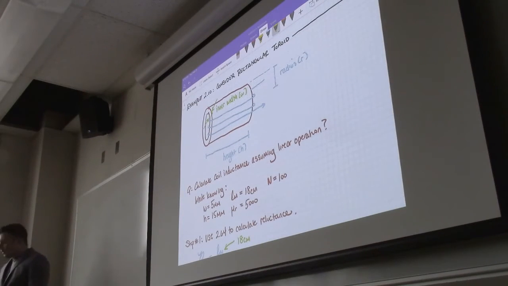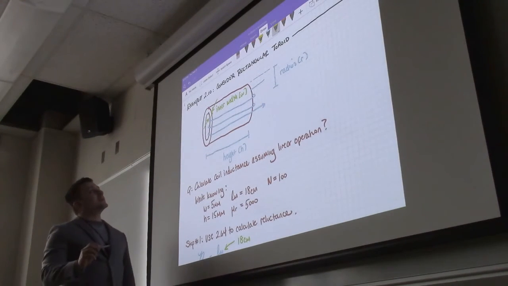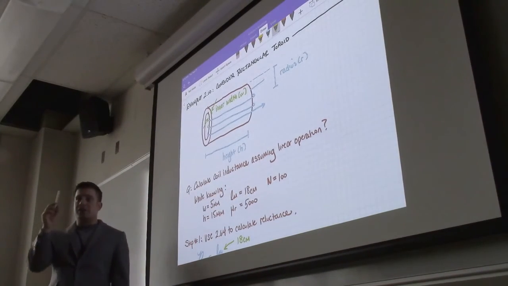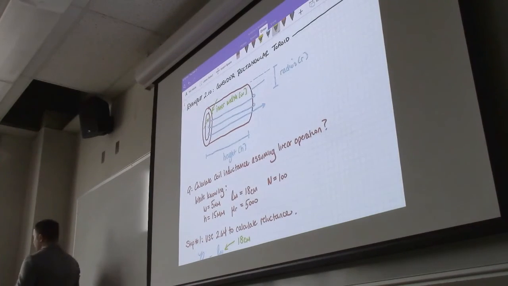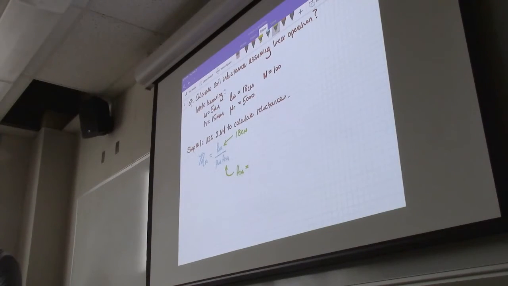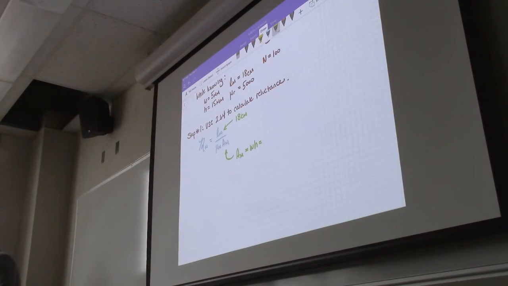The cross-sectional area, looking at it from the point of view of current flowing like this, is actually a rectangle, right? So the cross-sectional area is width times height, which is 5 times 10 to the negative 3 times 15 times 10 to the negative 3. Which gives us 75 times 10 to the negative 6 meters.